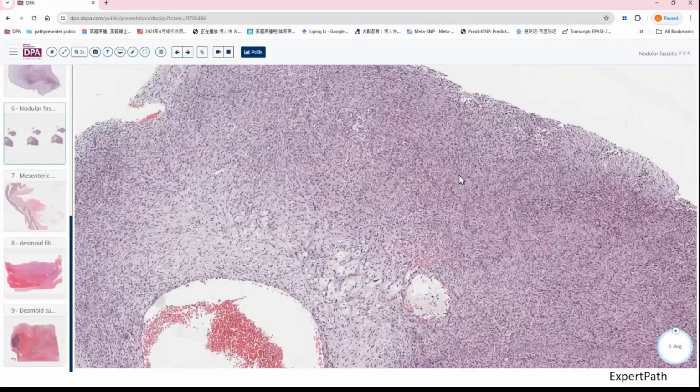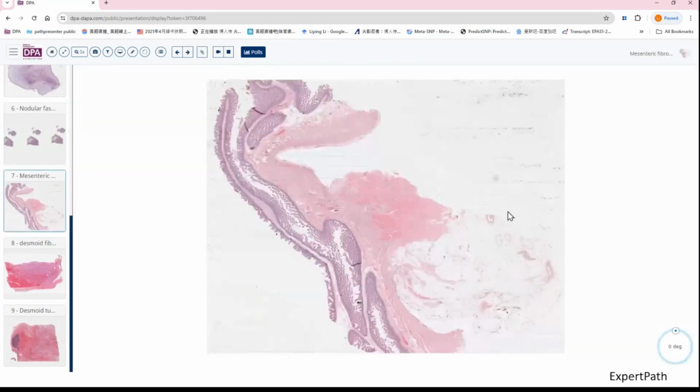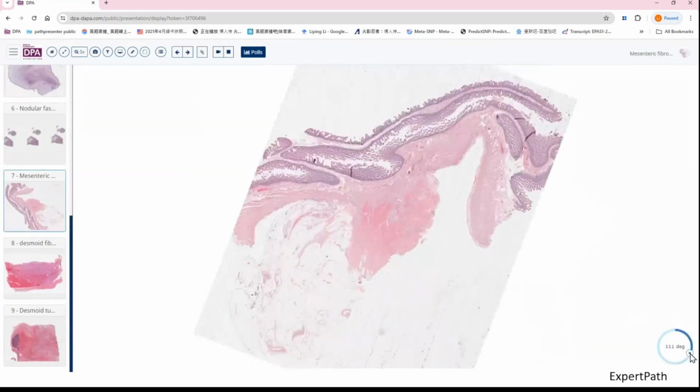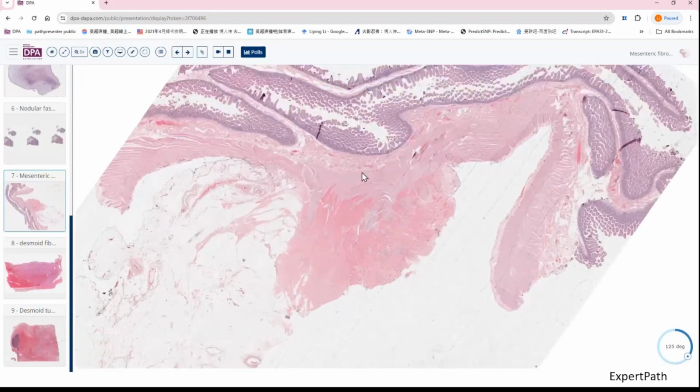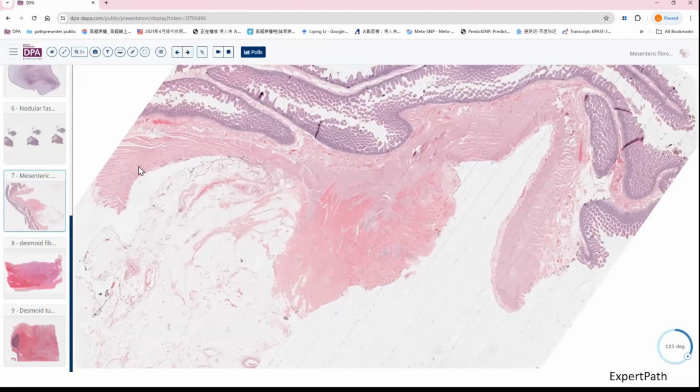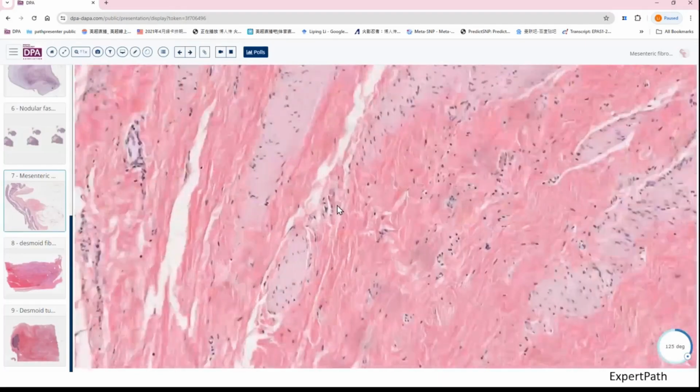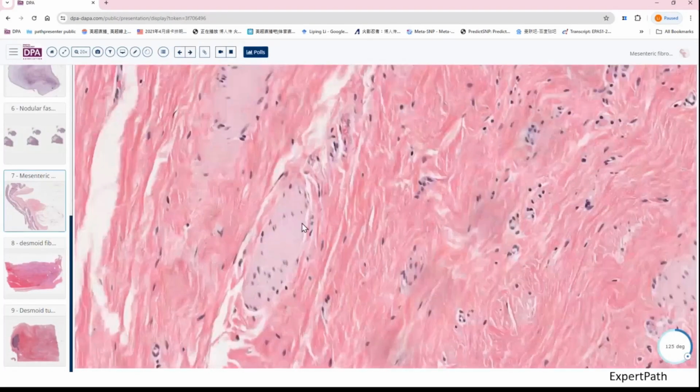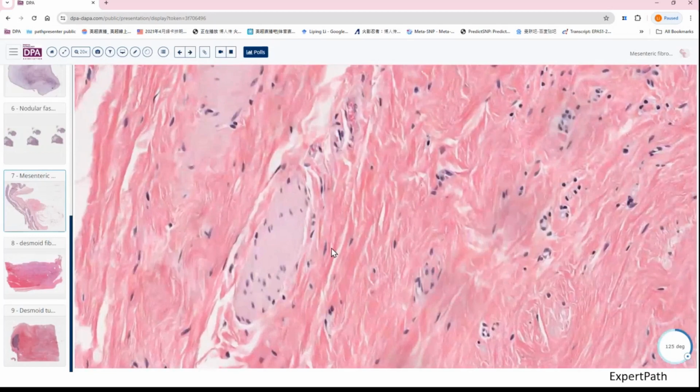Let's see the last few cases of this fibromatosis. The first one is in the small intestine. In low power, we know this is the normal muscularis propria, and then we can see some spindle cells infiltrating into the fat and also into the muscle. For this one, we can clearly compare the smooth muscle and this fibroblast.